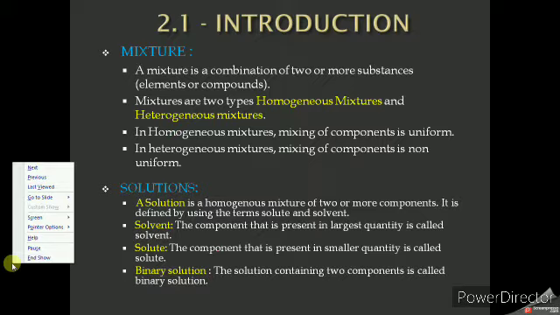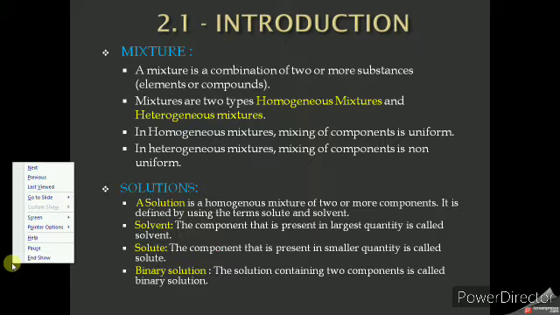What is the meaning of solution and what are its components? A solution is a homogeneous mixture of two or more components, and we will explain it with the help of solute and solvent. So when we add two or more components, then we get a solution. What is solvent?